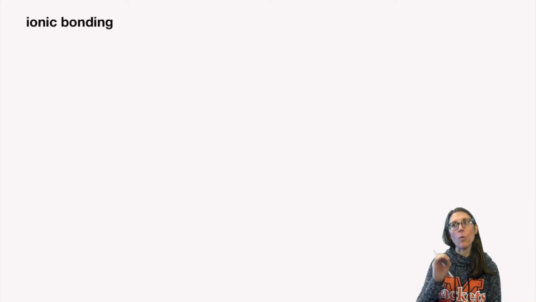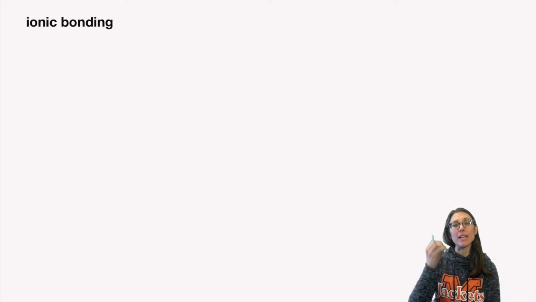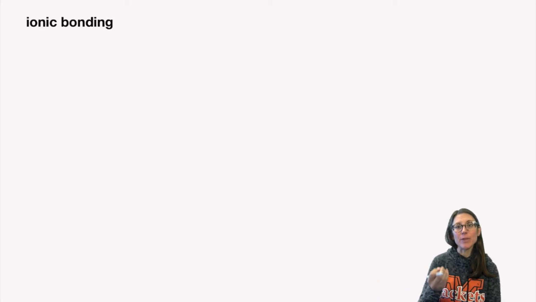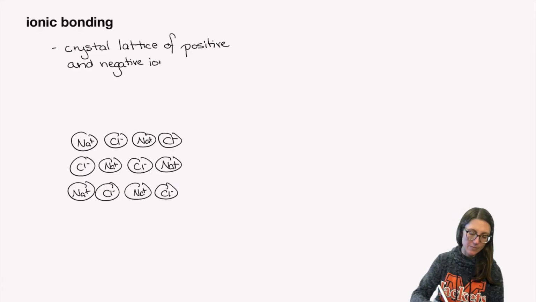Let's talk about what's holding together these ionic compounds that give them those properties. So an ionic compound is a crystal lattice of alternating positive and negative charges. If I have something like sodium chloride, then my crystal lattice is a three-dimensional alternating array of sodium ions and chloride ions.